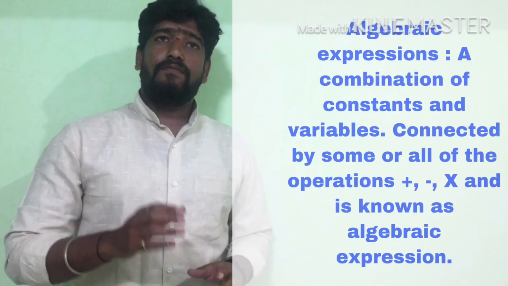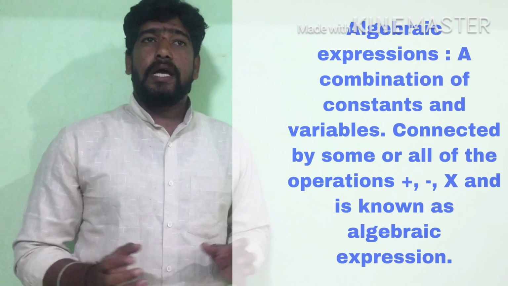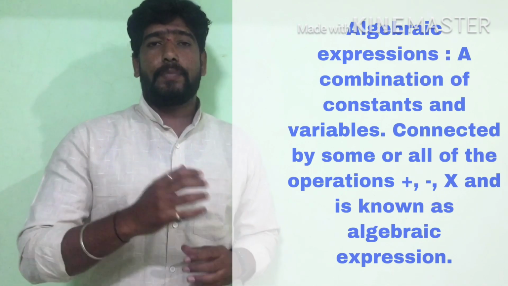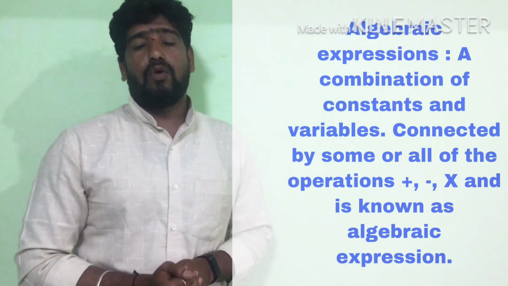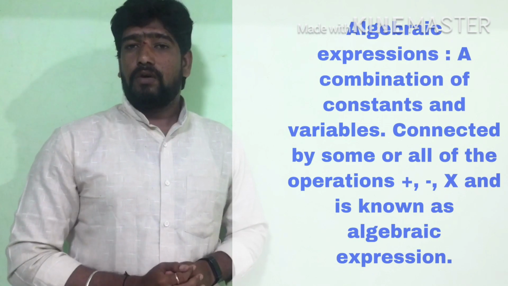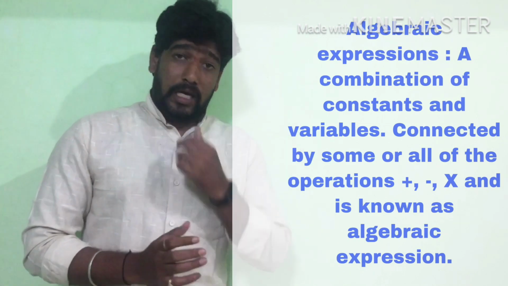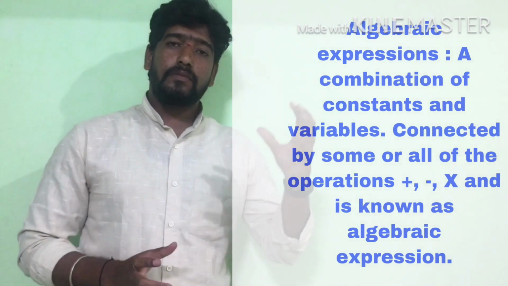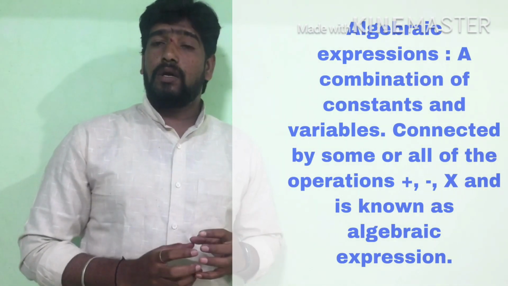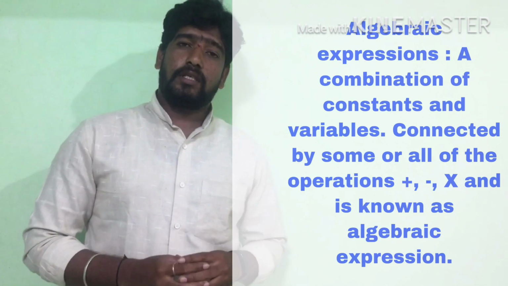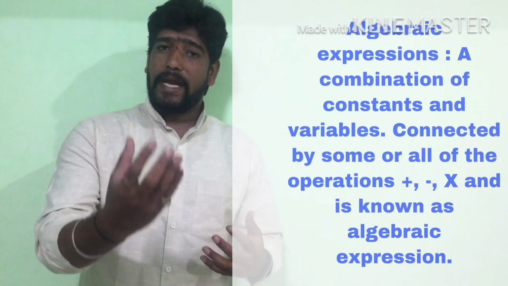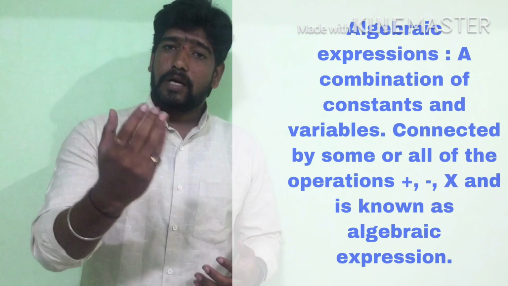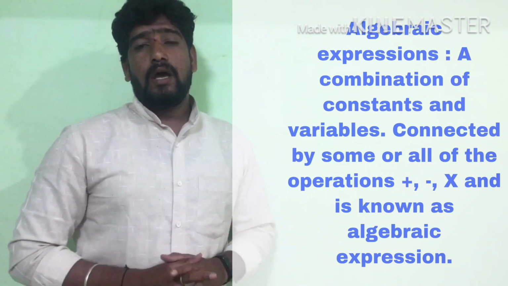The combination of constants and variables connected by operations, multiplication, addition or subtraction, is known as an algebraic expression. So here constants and variables are connected by operations, which are addition, subtraction or multiplication. Take one example.